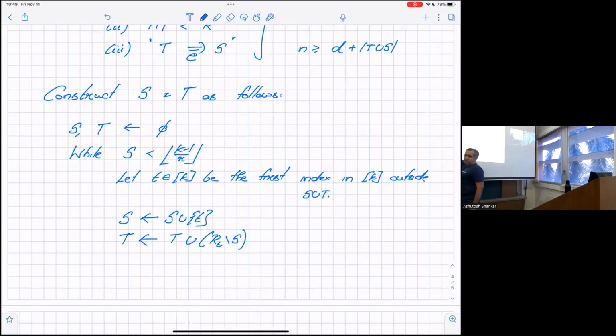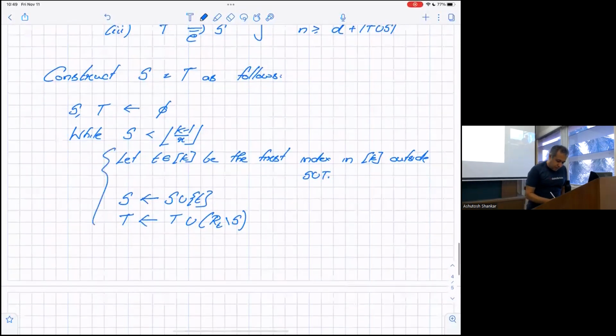So I'll increase S, and when I do, I want to expand T so that T implies S. I have to put R_T into it, but I can't put all of R_T, because I put R_T minus S. But the invariant is still maintained because all the elements of S are already implied by T. Therefore, putting R_T minus S is not an issue. So that's the loop.